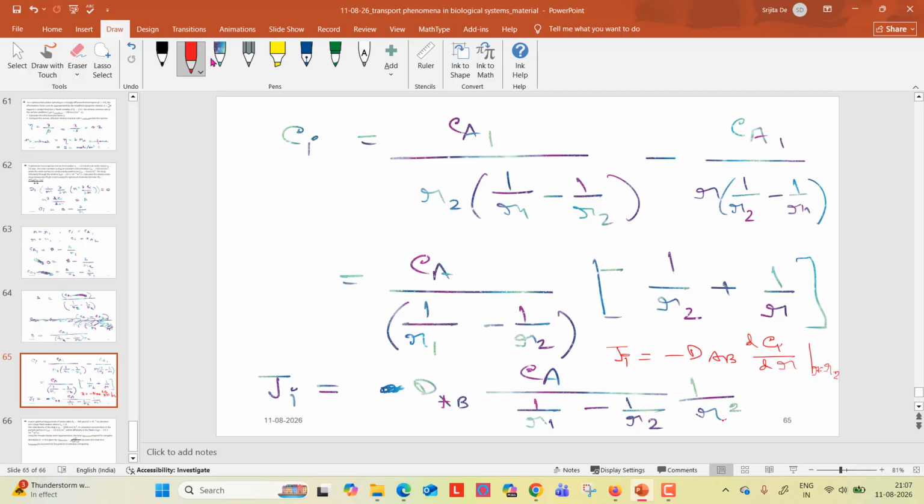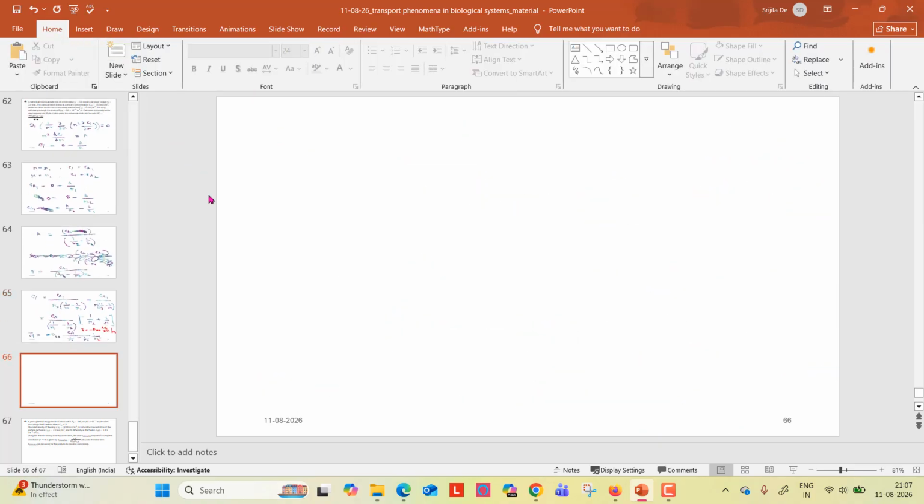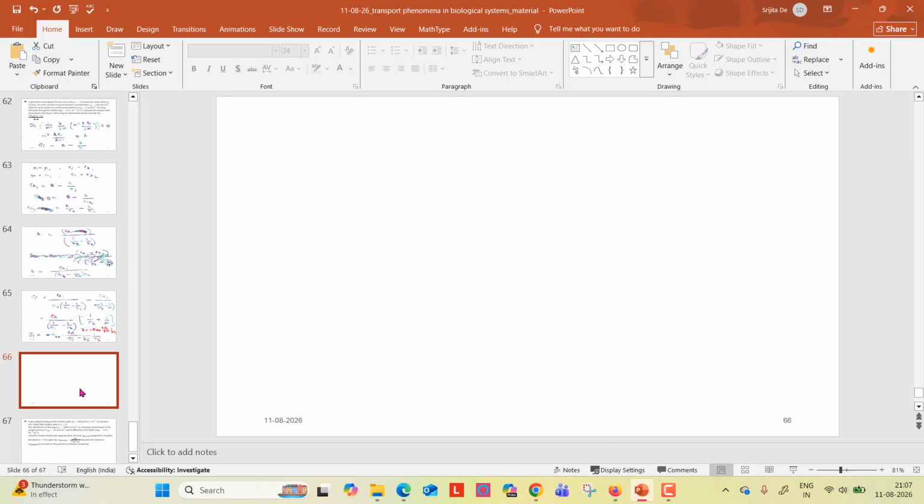Next, we will take the release rate, right? It asked for the spherical release rate. Release rate WA will be the flux into the area. So it is spherical, and what was JA?